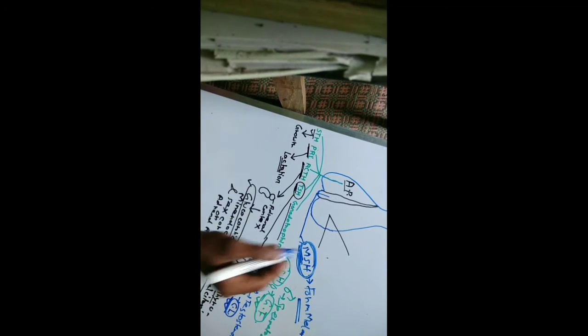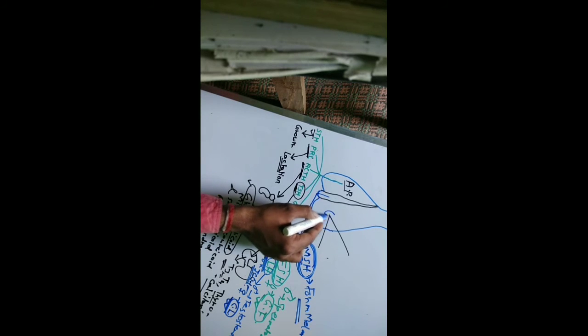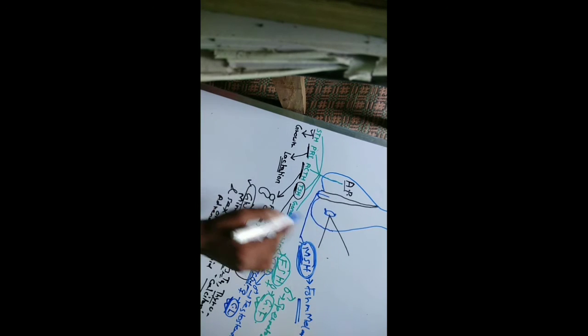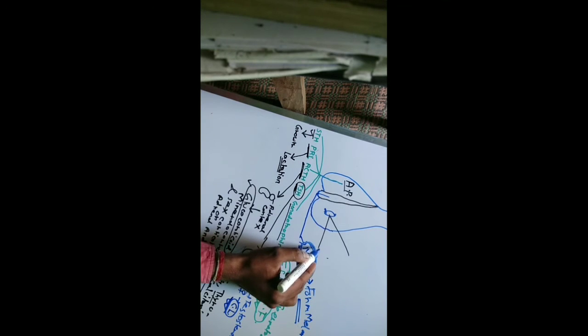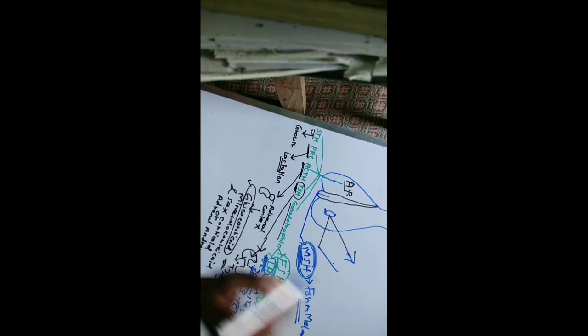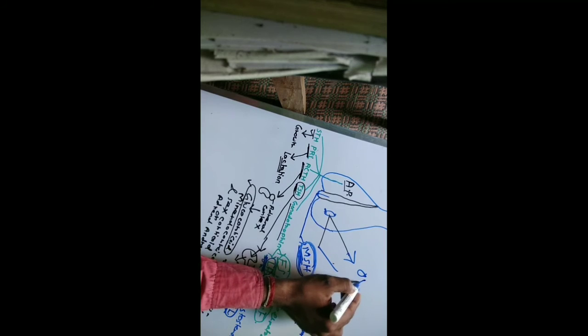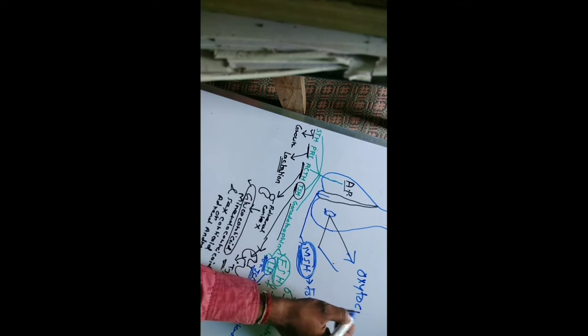Okay, now this is the posterior lobe of pituitary or neurohypophysis. From neurohypophysis, two hormones are released. One is oxytocin. What is the role of oxytocin?